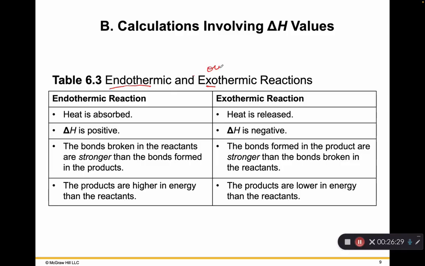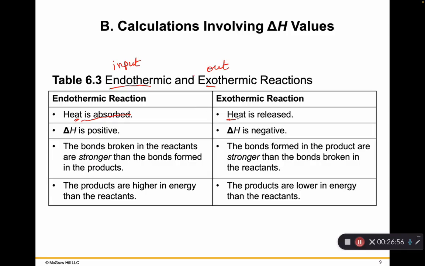Exo means energy is out, and endothermic means you have to input the energy. Energy given and taken can take place in the form of heat, so we will be talking about heat in reactions. An endothermic reaction means heat is absorbed.